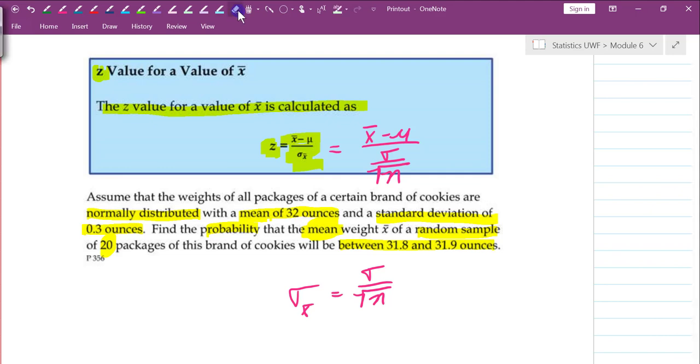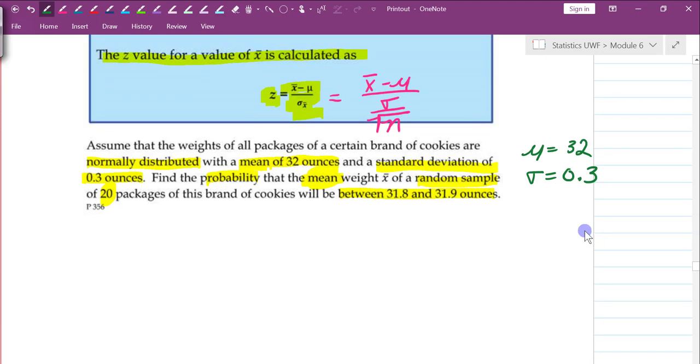So let's look at what we've got going on here. The mean weights are normally distributed. We have the mean, mu, equal to 32 ounces. The standard deviation is equal to 0.3 ounces. And we're being asked to find the probability that the mean weight of a random sample of n equals 20 will be between 31.8 and 31.9.